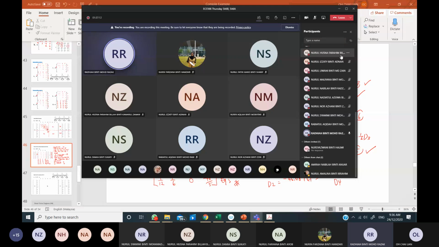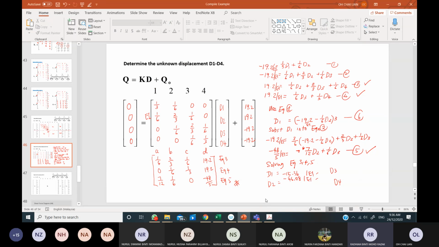Doctor, I got the same answer, negative 15.36 for D1. Just now, the one who got negative 46.08, are you still getting negative 46.08?